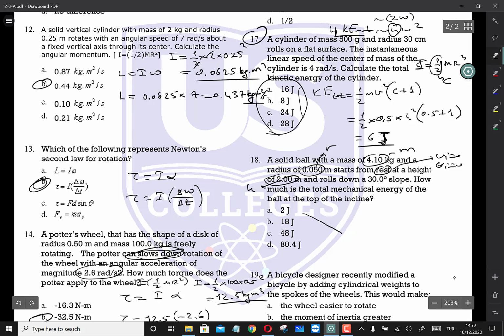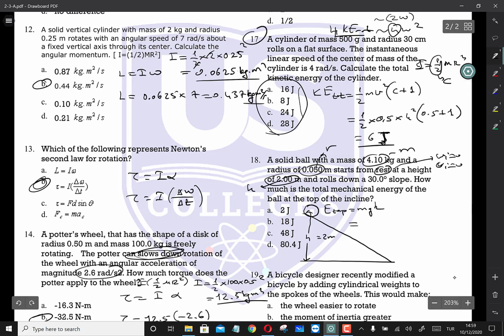At the top of the incline, because there is no angular speed or translational speed, the kinetic energies are 0. Mechanical energy at the top is only equal to potential energy, mgh. Height is given as 2 meters, and mass is given as 4.1.